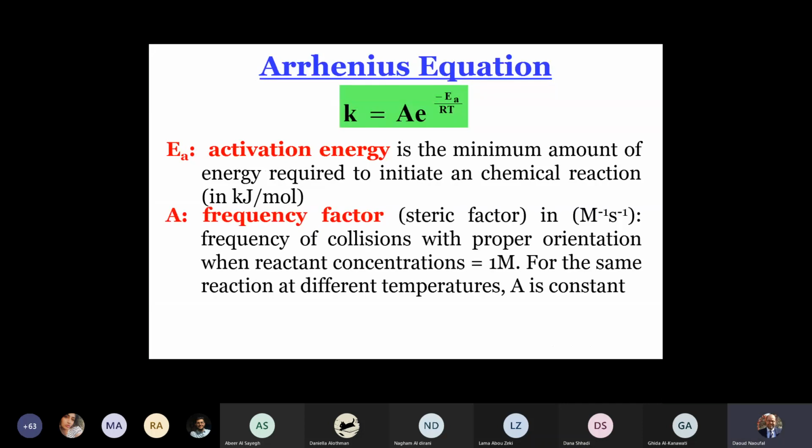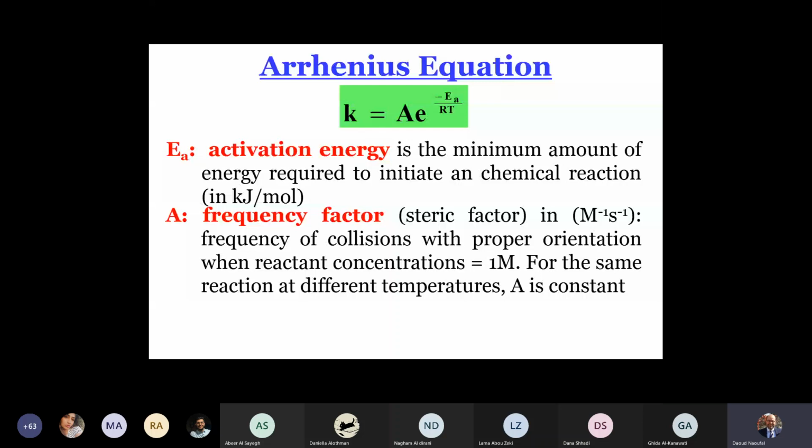What is A? A is different from the reactant A. This is a notation. A is the frequency factor or the steric factor given in M^-1 s^-1. This is the frequency of collisions with a certain orientation when the reactant concentration is equal to 1 molar. Pay attention that for the same reaction at different temperatures, A, the steric factor, is the same.